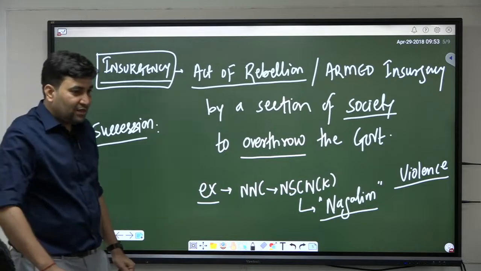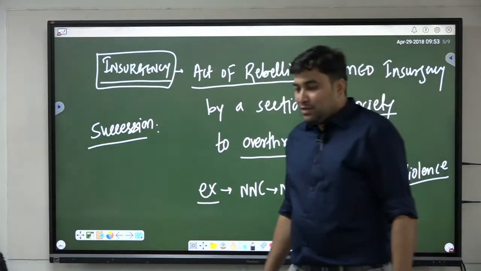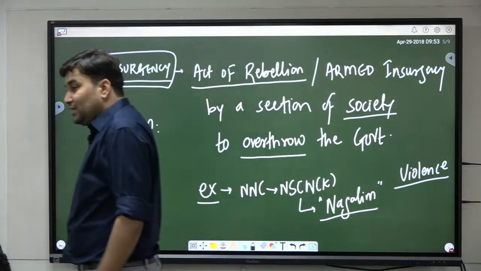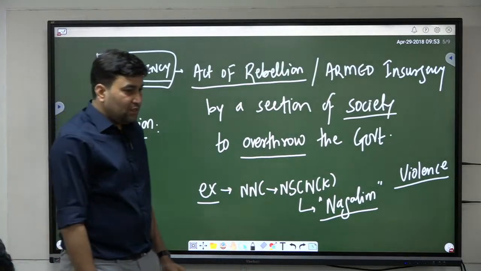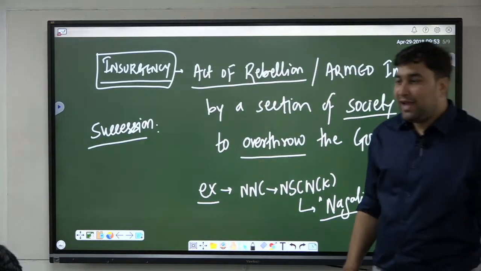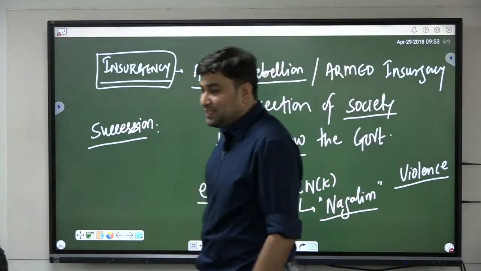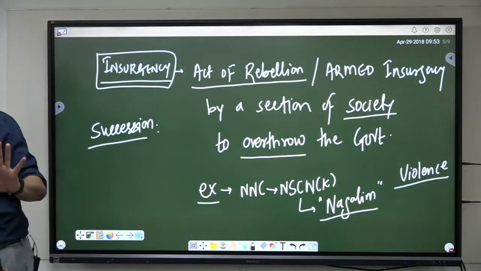Example, certain Naga insurgent groups. What is its name? NSCN-K, that is National Socialist Council of Nagaland Khaplang Group, that I will teach.